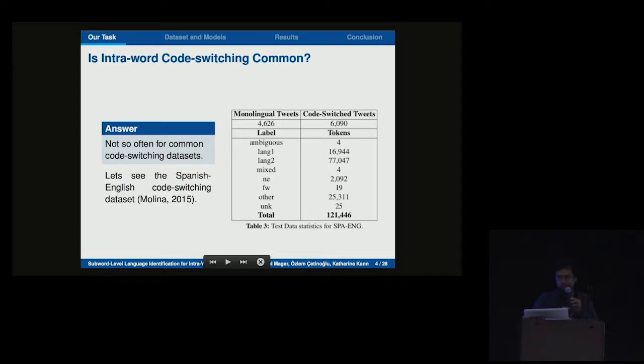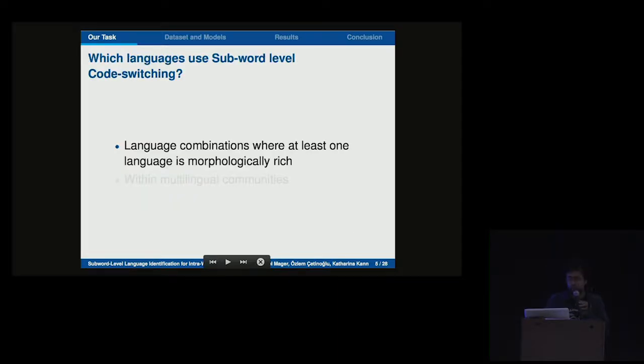We have here the dataset of the Spanish English shared task in 2015. And as you can see, only 4 tokens were labeled as mixed words. That means that it was practically not important for such kinds of languages. But what about languages that are really morphologically rich?